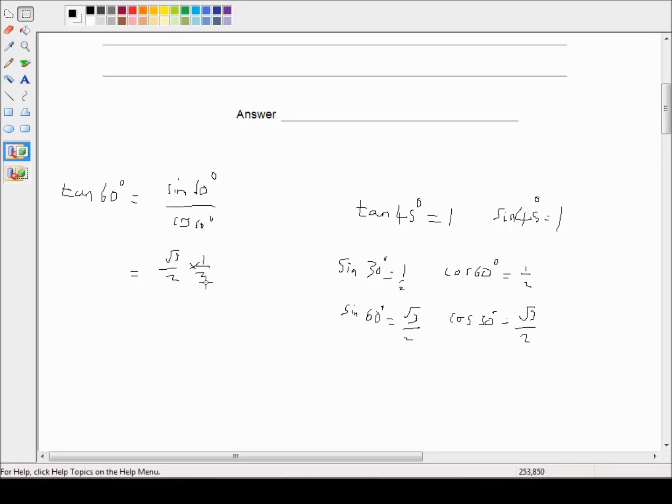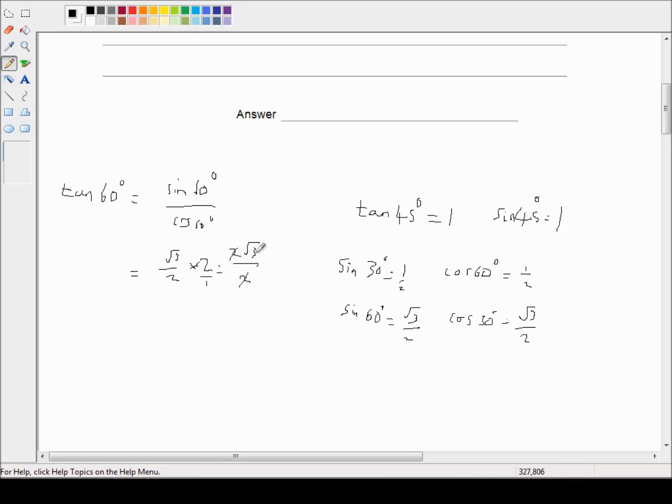I'm sorry, did I say times 1/2? I meant times 2. If you're dividing by a half, you're multiplying by 2, because invert and multiply, so instead of dividing by half, it's multiplied by 2 over 1. So root 3 times 2 is 2 root 3 divided by 2.